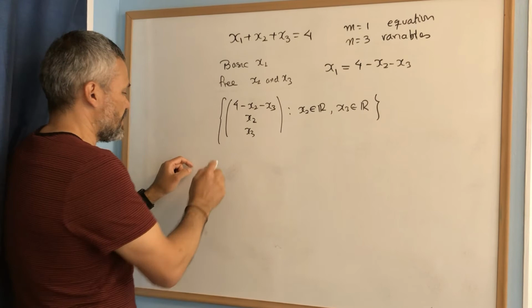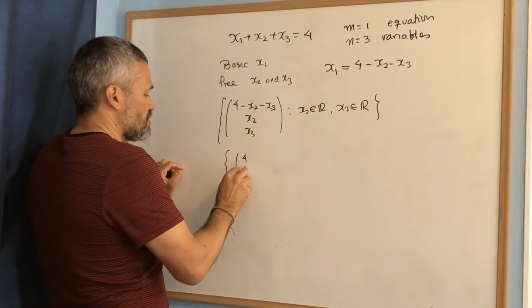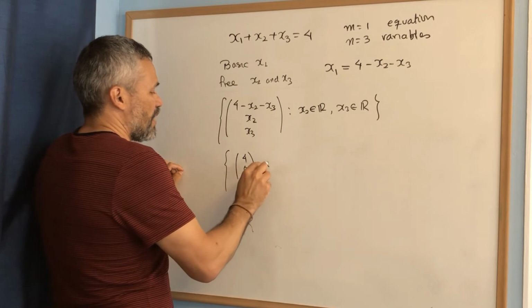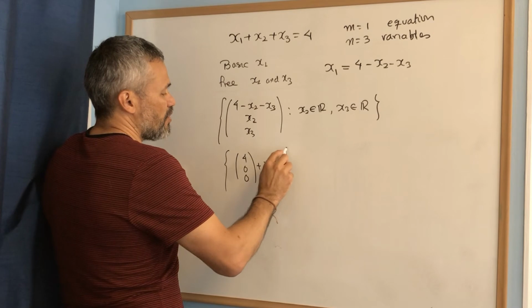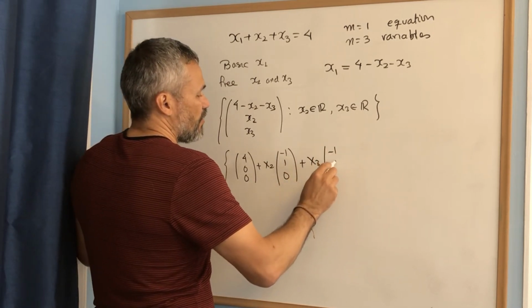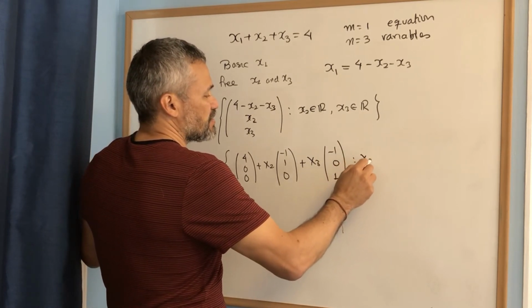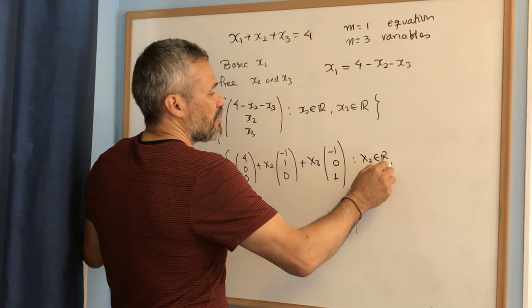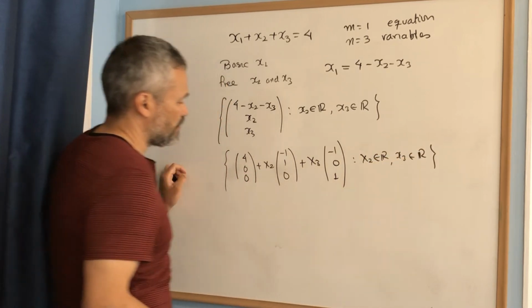We can rewrite this as (4, 0, 0) plus x2 times (negative 1, 1, 0) plus x3 times (negative 1, 0, 1), such that x2 is a real number and x3 is a real number.